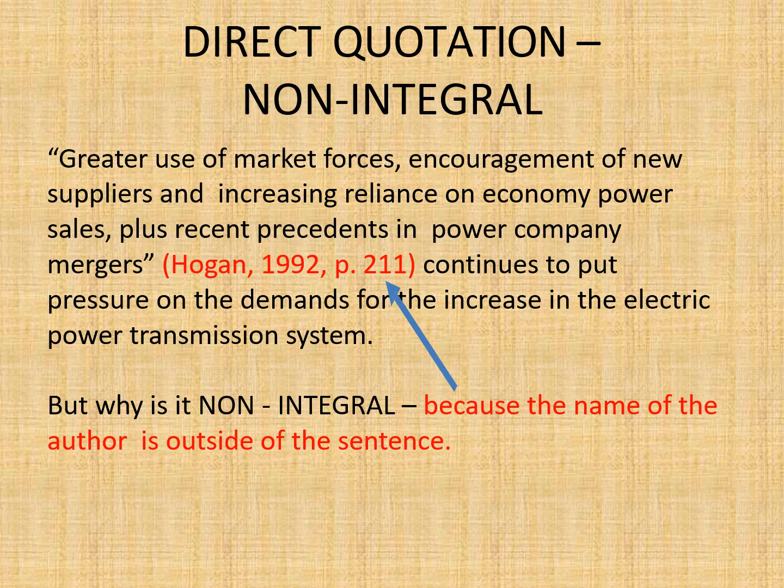So here is the in-text citation, the details of the source of this information, put here at the end of the text. Continues to put pressure on demands for increase in the electric power transmission system. So this is still considered a non-integral direct quotation because, when we read this sentence, we can just easily omit this information here.